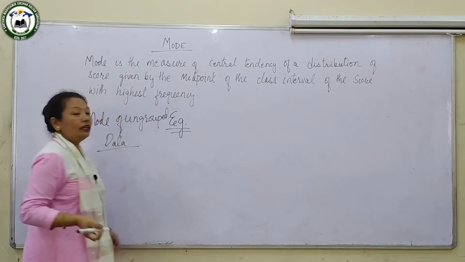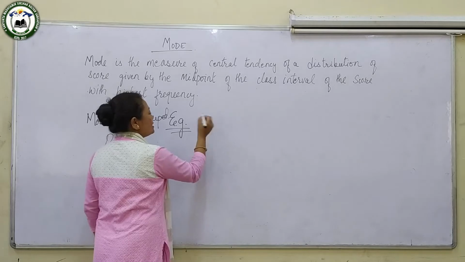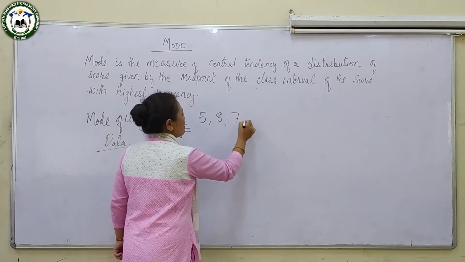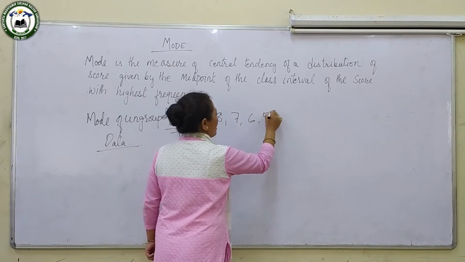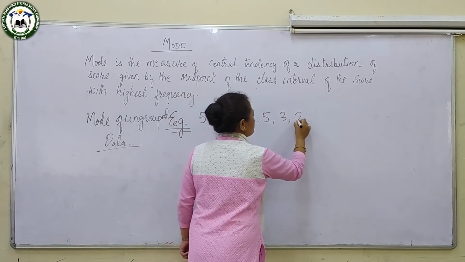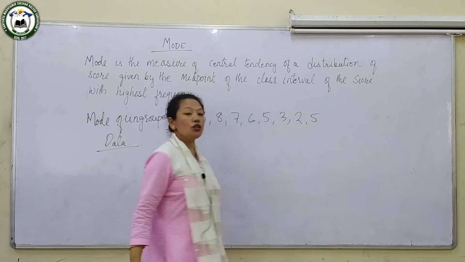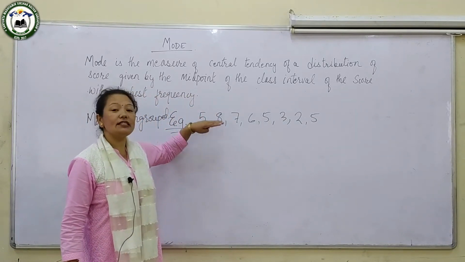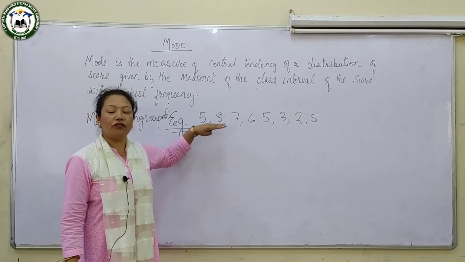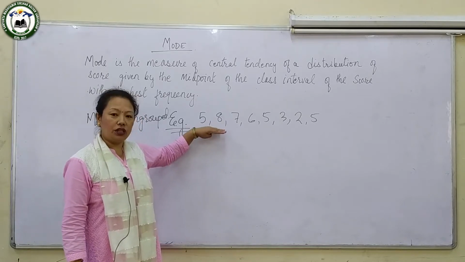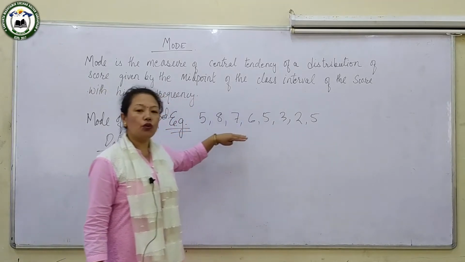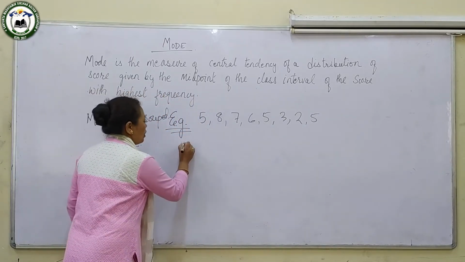Here we have certain numbers like 5, 8, 7, 6, 5, 3, 2 and 5. We have several numbers here, and this is to take out the mode of the ungrouped data or score.